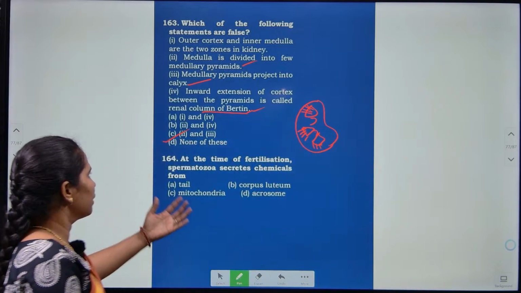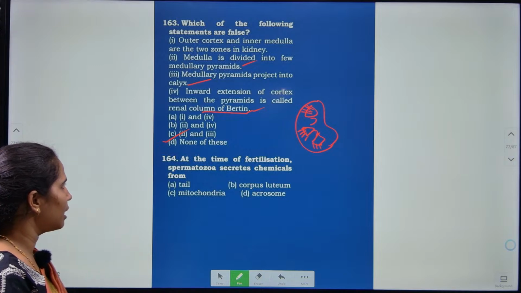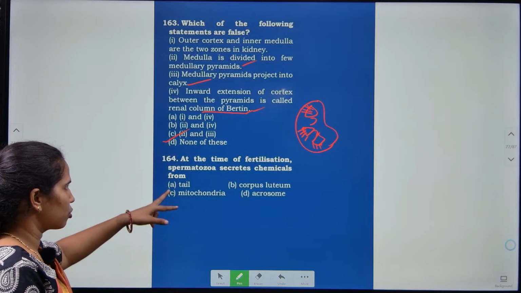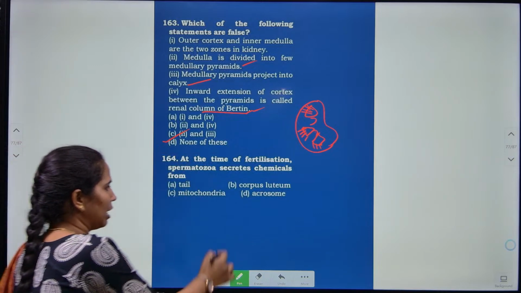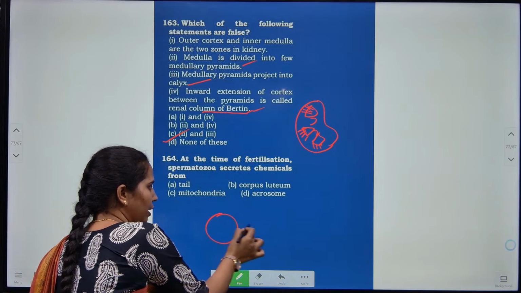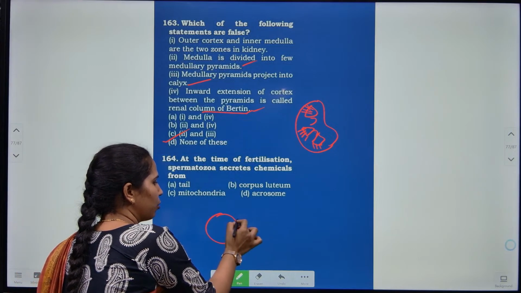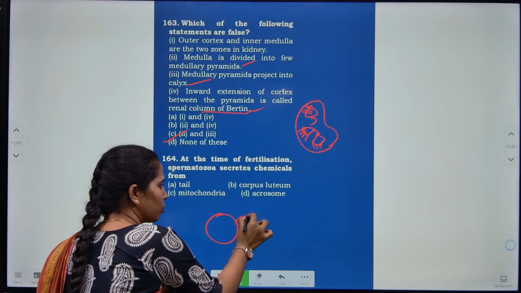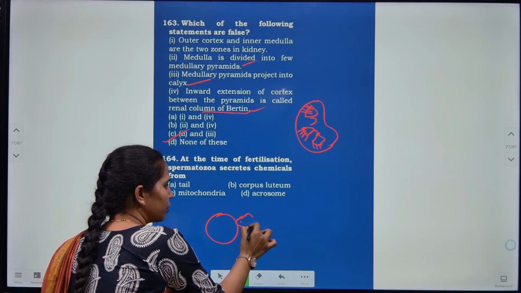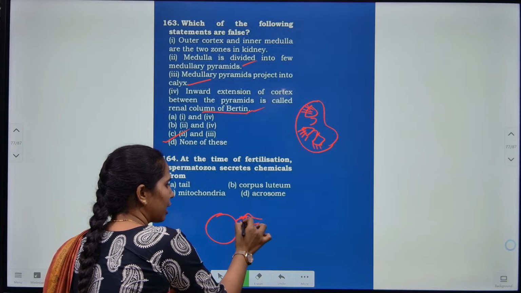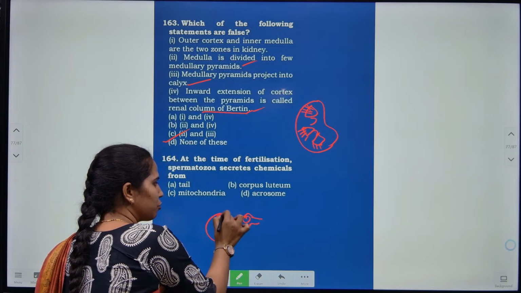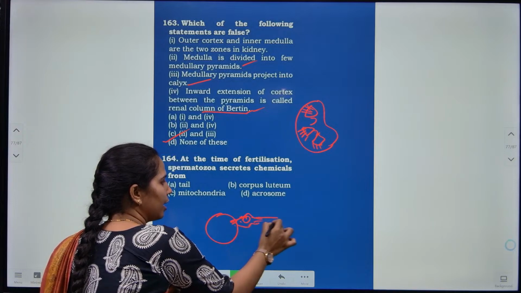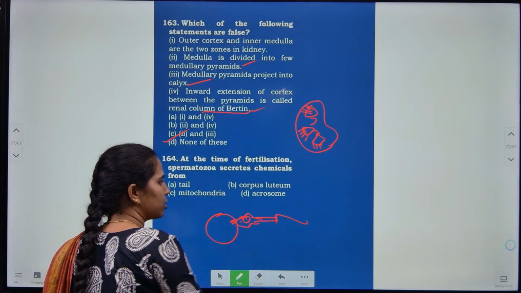At the time of fertilization, spermatozoa secrete a chemical from, so fertilization, the egg has to be fertilized by the sperm, so here there is an acrosome which is going to help to secrete the lytic enzyme which will break the layers of the egg and helps in the penetration.